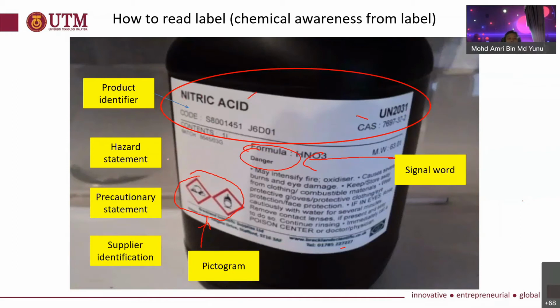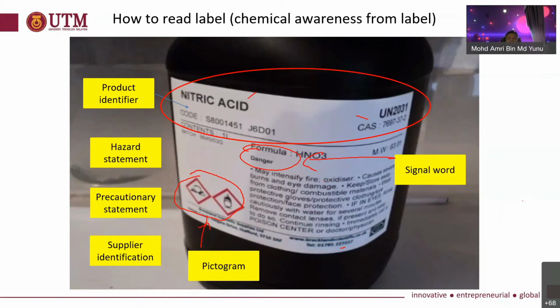And then there is the hazard statement. See, causes severe burns and eye damage. When you know that this can cause severe burns and eye damage, you have to be careful. And also may intensify fire.